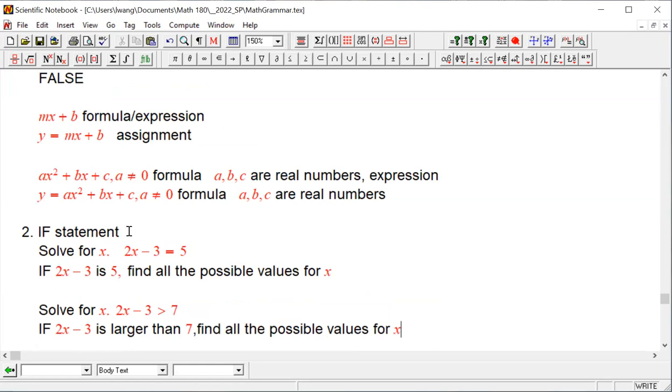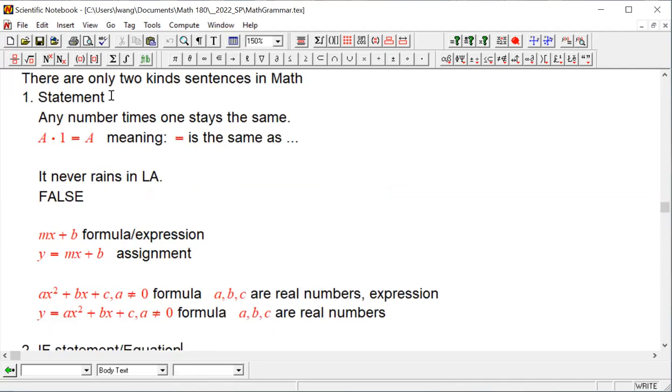If statement, in our case, you have heard is called an equation. All the equations are if statements, and the statements are also called expressions.